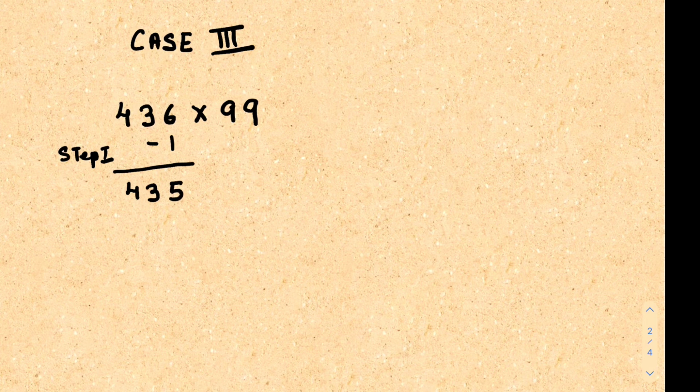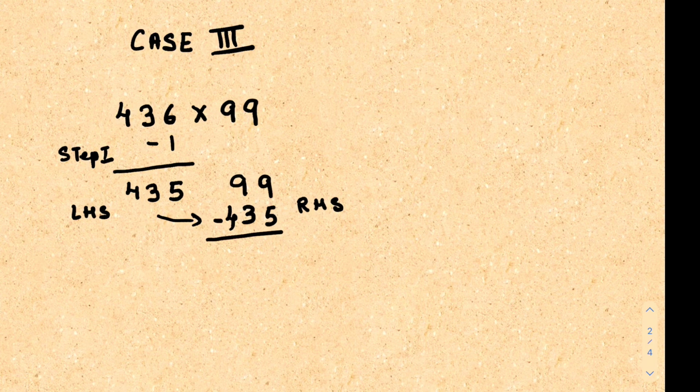Now, we used to then subtract this number on the left hand side from the nines that we had on the right hand side. In this case, when we bring this number to subtract from 99, we place it like this. Now, subtract this from 99. We subtract 5 from 9, we get 4. We subtract 3 from 9, we get 6.